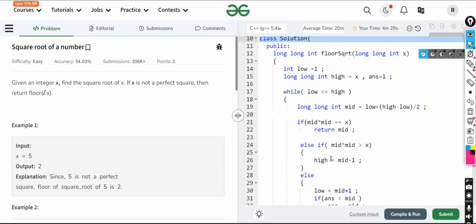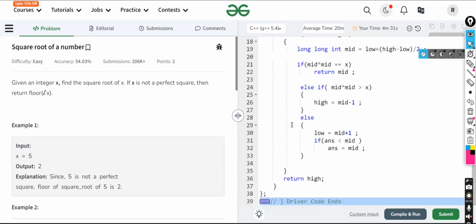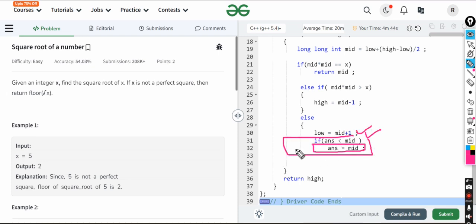So we'll just shrink that, and in the else part, as you all know, we'll always be getting our answer in the lower part. If you directly write return low, it will give you the correct answer, because this is an optional part. You can shrink and write the answer however you want. We check if the answer is less than mid, then return high, because in this particular question our answer will be at high.